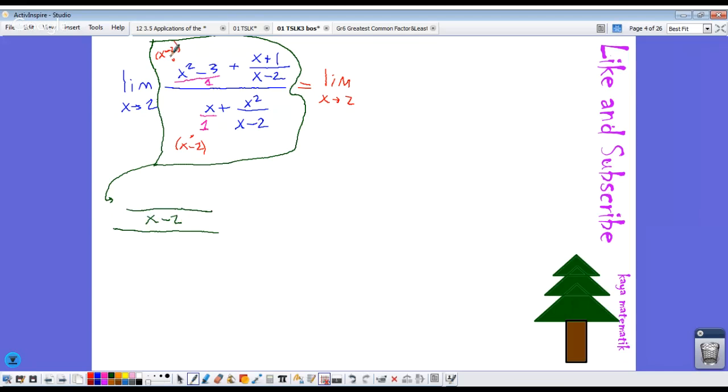Now in the numerator what will happen? x times x squared, x cubed. x times minus 3, minus 3x. So minus 2 times x squared, minus 2x squared. Minus 2 times minus 3 is going to be plus 6. So then from the other side, plus x plus 1 will come.